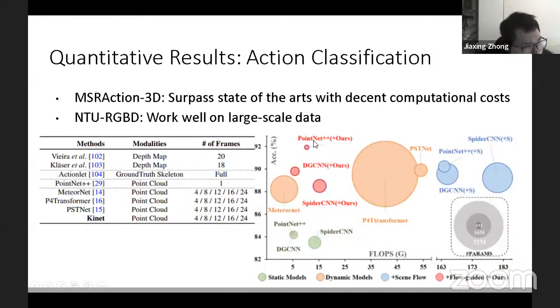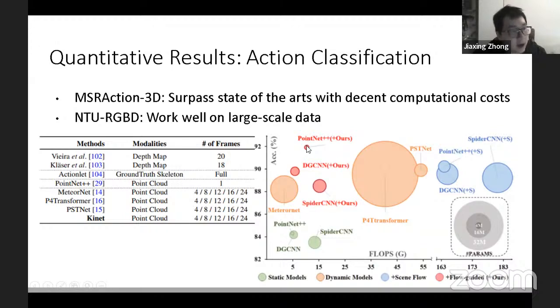Like this, the green ones are the vanilla static models. The red ones are ours, the orange ones are the state-of-the-art dynamic models, and the blue ones are the raw two-stream models.